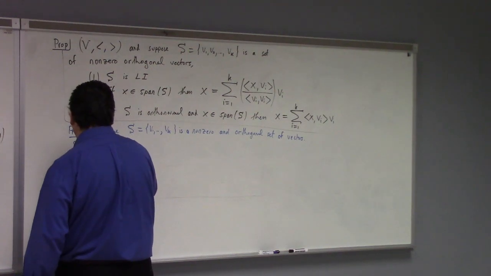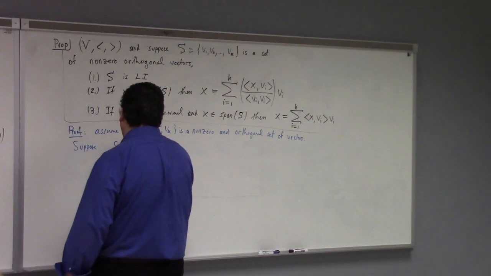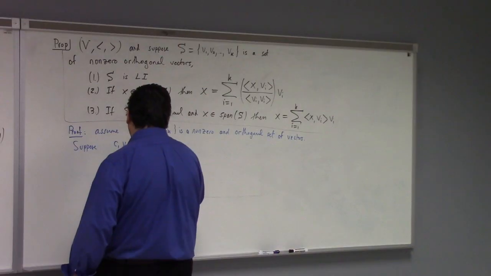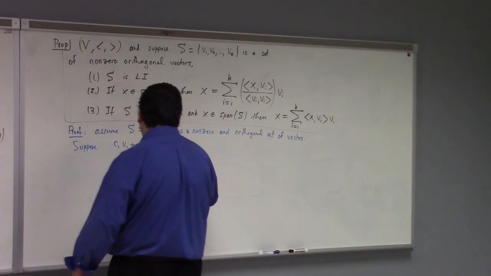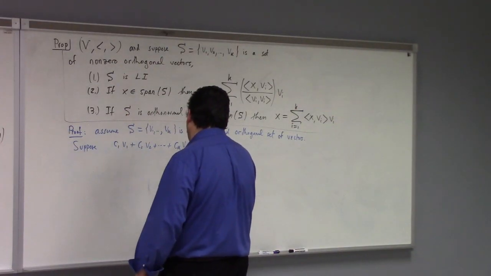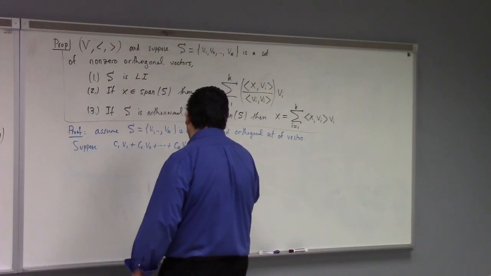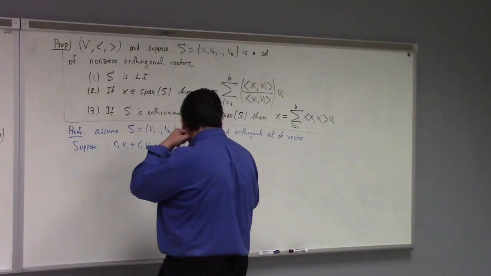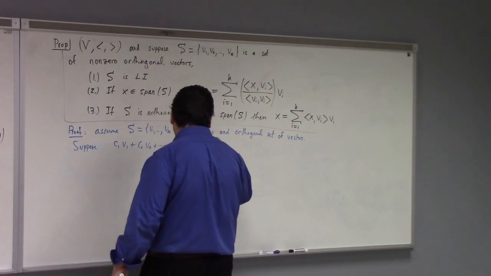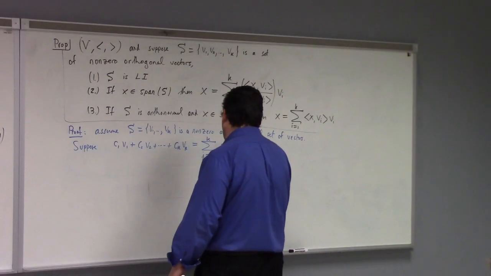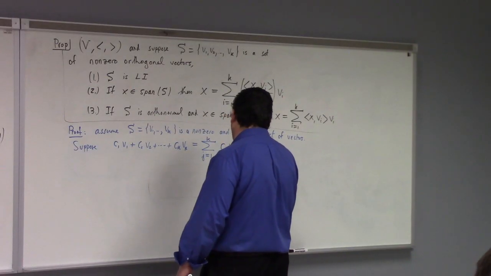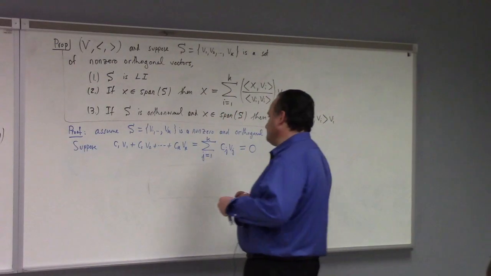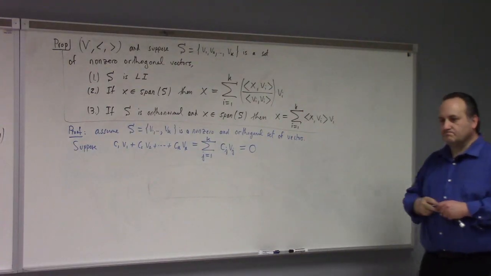Suppose that c1v1 plus c2v2 plus ... plus ckvk, right? Which, by the way, let's be civilized. Let's use summation notation. The sum j equals 1 to k of cj vj is equal to 0. All right?